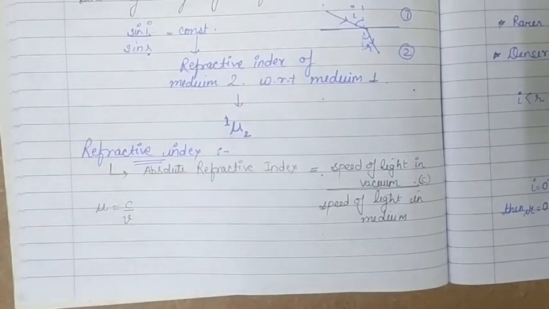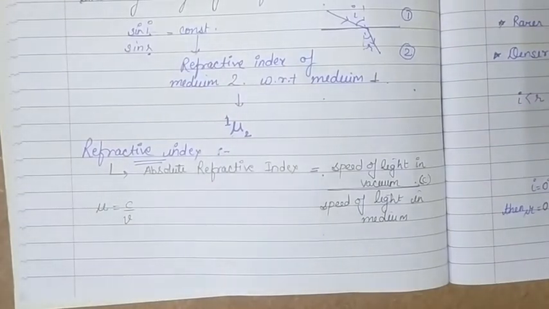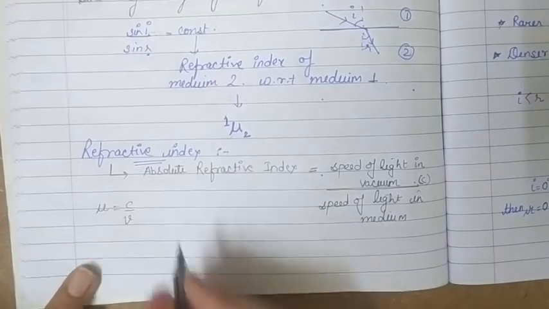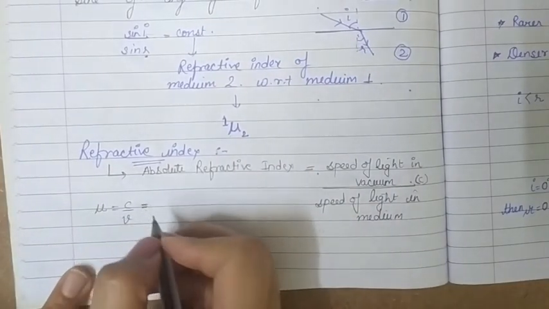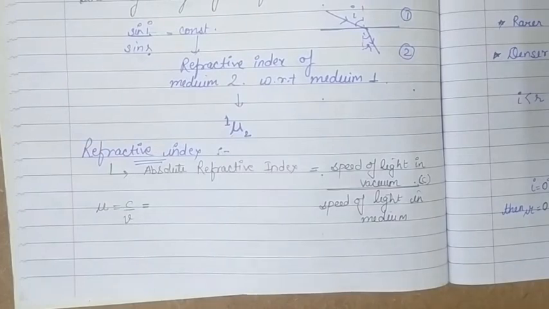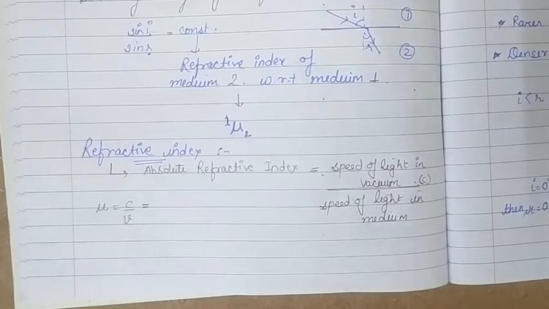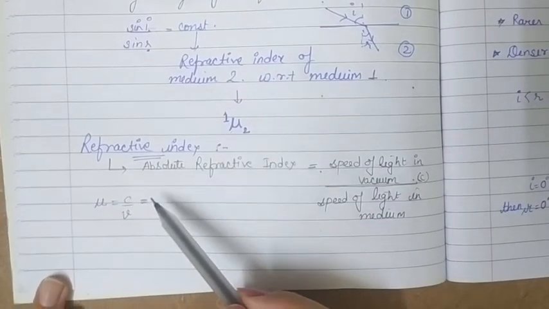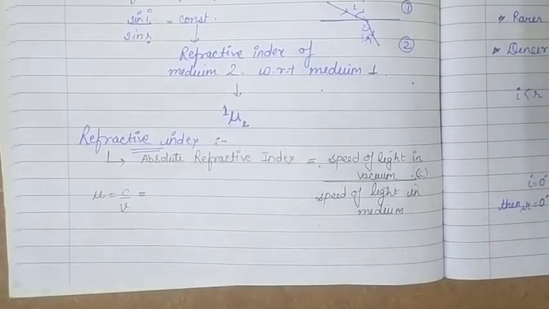Now we can also define this refractive index in terms of wavelength, as we know that when light moves from one medium to another, its frequency can't change. That is the property of that light ray. So frequency remains constant whether that light is in air or water or glass, that will not change, but wavelength gets changed as per the medium.